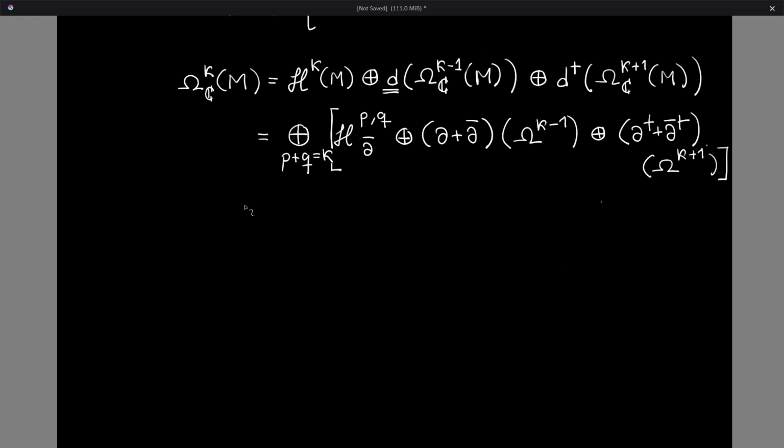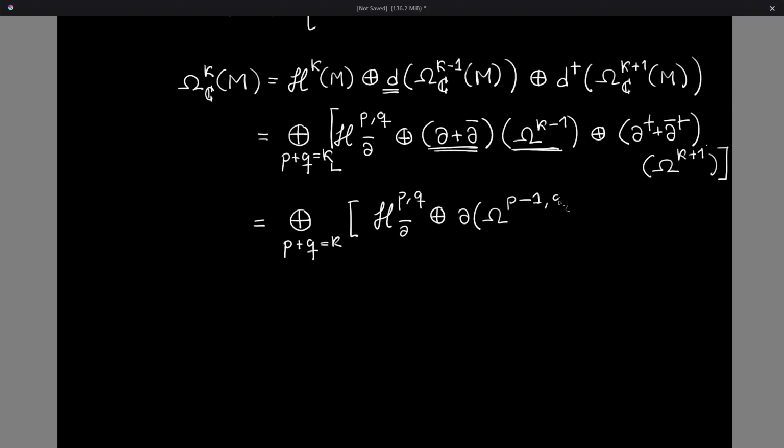Now, if we split the operators here into their own individual terms, then we can decompose these spaces further. So then we get the sum over p plus q equals k of harmonic (p,q) forms with respect to partial bar, plus partial of Omega^(p-1,q), plus partial bar of Omega^(p,q-1).